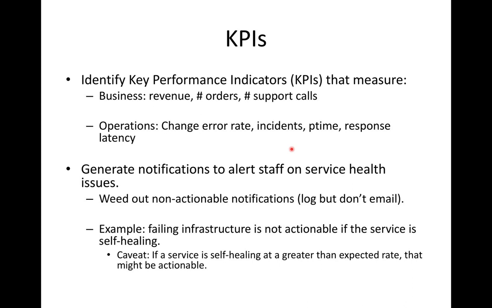From an operations perspective, we might be looking at change error rates. We might be looking to see, how often are our build pipelines failing? How often are we introducing defects? How many defects make it through our code pipeline out into production?